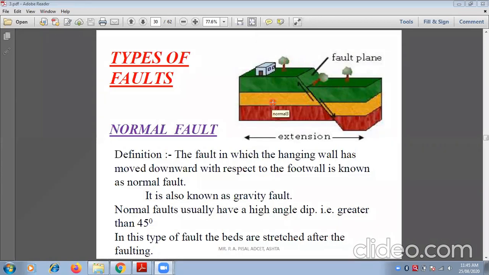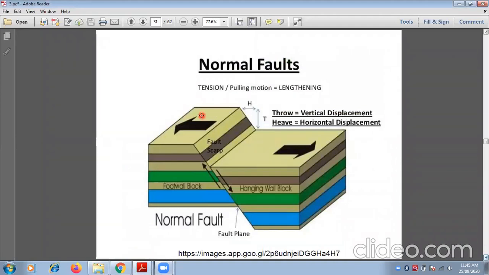Stretched means, what is the meaning of stretching? The length of these beds or the length of this layer gets increased because they are moving in the opposite direction after the faulting. So that's why the length of these layers gets increased after the faulting. That's why it is considered as a stretching of beds.